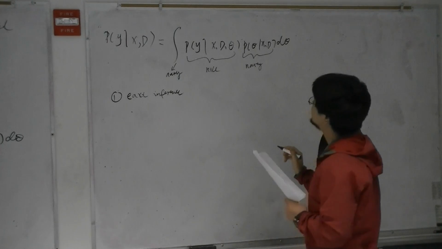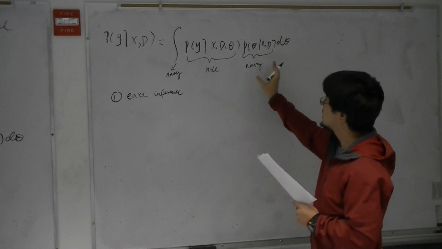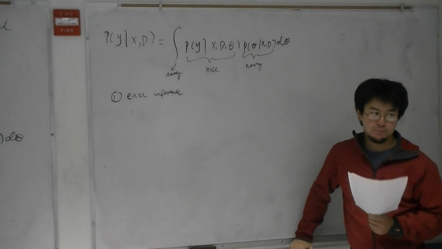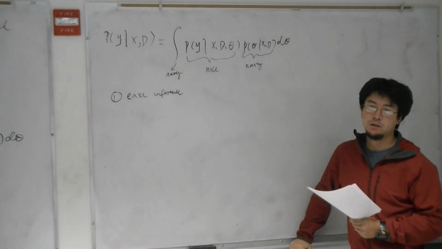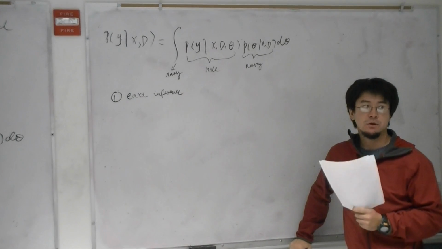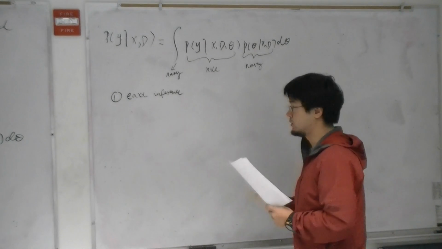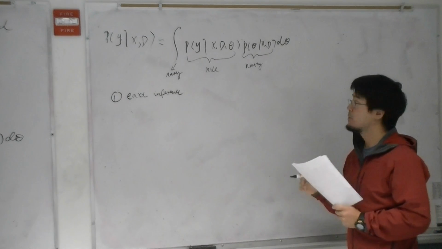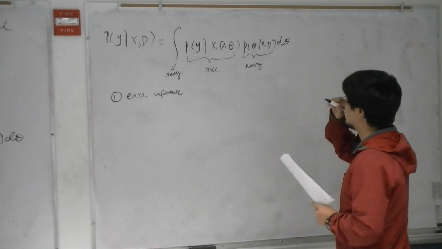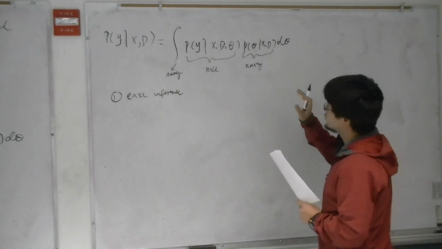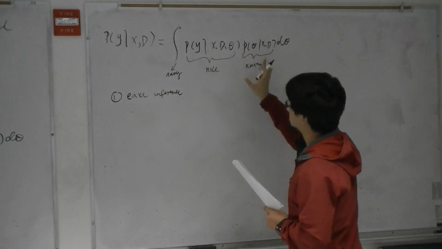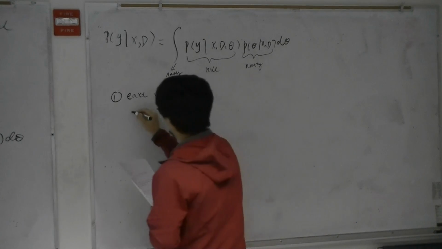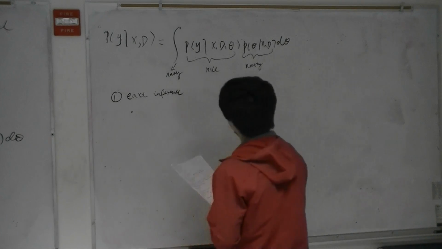If you choose Gaussian distribution for these terms, for multivariate Gaussian, no matter whether you multiply, divide, marginalize, or condition on a Gaussian, it usually gives you back a Gaussian distribution. If you choose Gaussian for these two terms, usually you can get back a nice analytical form, so you can solve it.